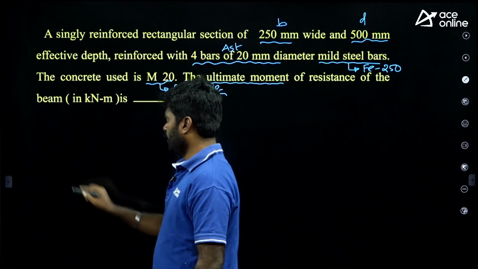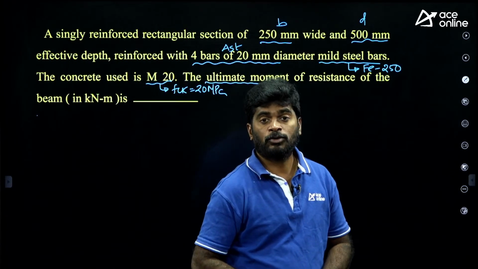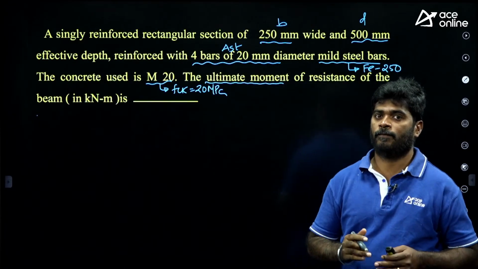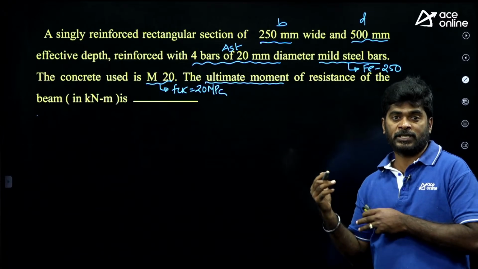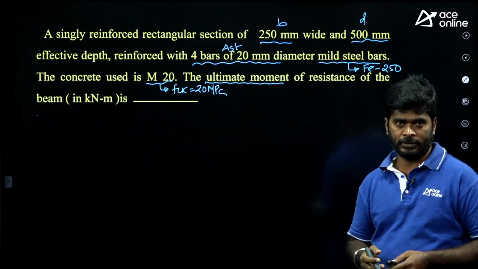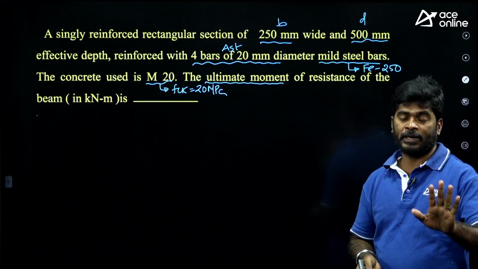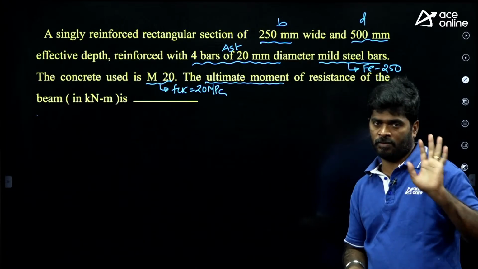My dear, to find out ultimate moment of resistance, we have to decide first which section is given. They have not mentioned whether it is a balanced section, an under-reinforced section, or an over-reinforced section. To find out moment of resistance, we must know which type of section is given.